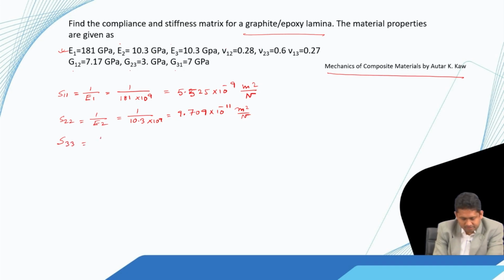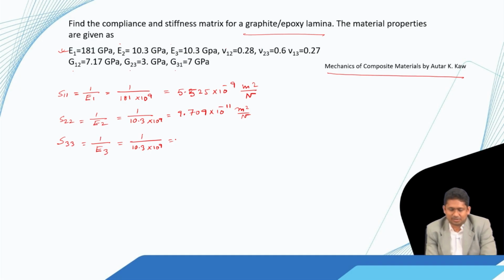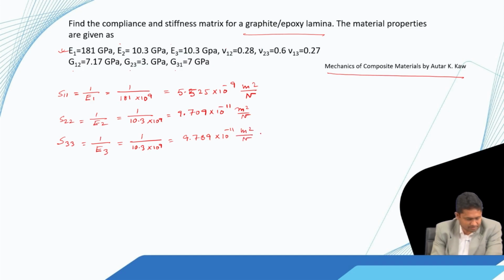S33 is 1 by E3, and if we put the values, we have again 10.3 here. So, E2 and E3 are the same, and what we get here is again the same value, 9.709 into 10 to the power minus 11 meter square by Newton.